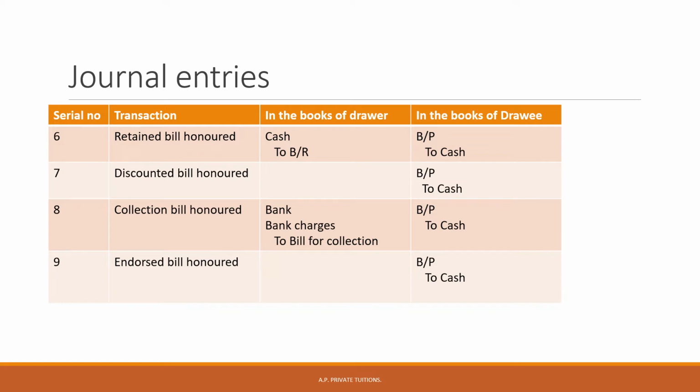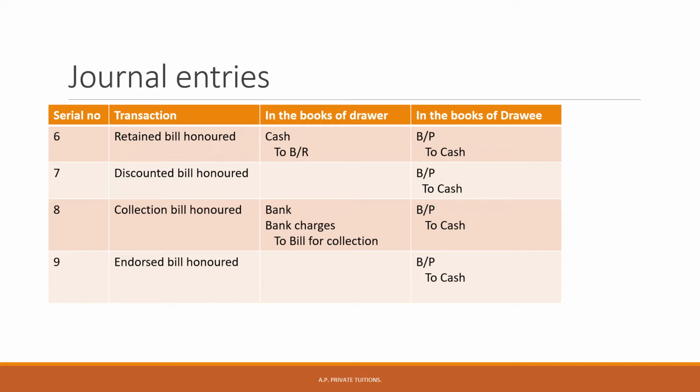The drawer goes to the bank, he gives the 2000 rupees bill to the bank. Bank gives him 1,900 rupees. The difference between 2,000 and 1,900, 100 rupees, is the discount.